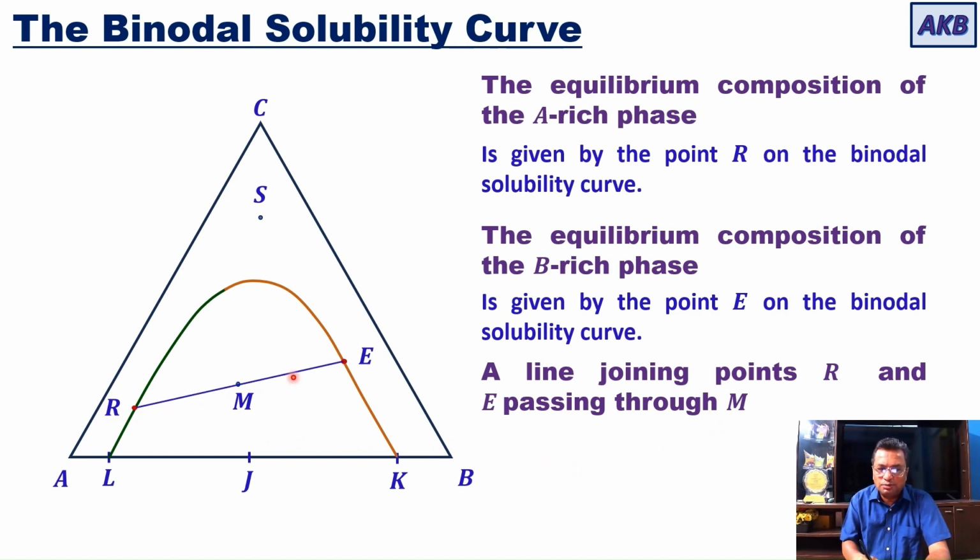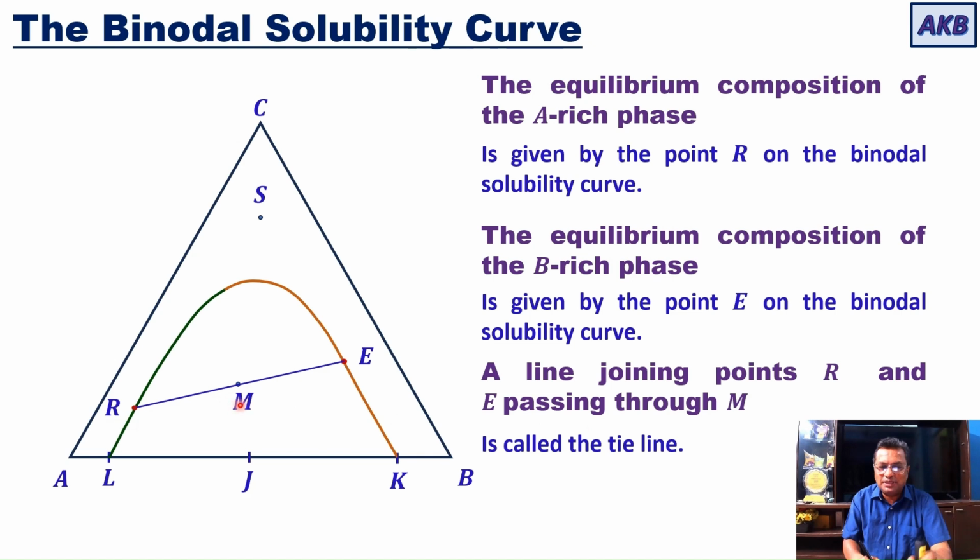line. So we are talking about a line that joins R and E, which represent the equilibrium compositions, and that line passes through M. We call that line the tie line. A line that connects two points representing equilibrium compositions is called a tie line.